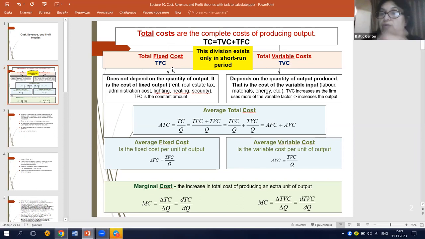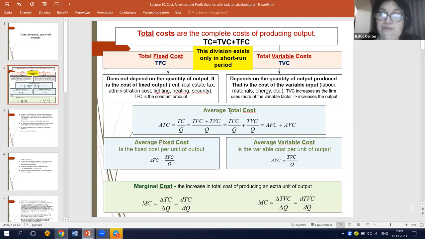If we want to produce more product, we also put some additional labor resources there, as I mentioned: labor, materials, energy. These resources increase. The total variable cost increases as the firm uses more variable factors to increase the output.